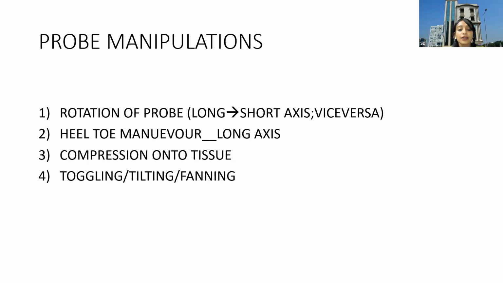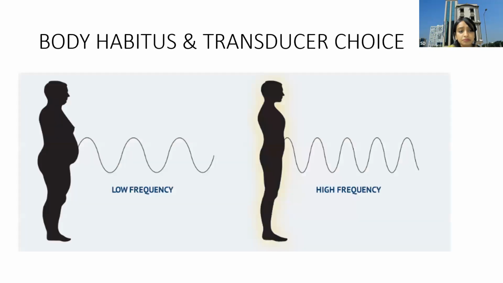Then when we are pressing the probe onto the tissue, that is known as compression. And toggling is basically changing the angle of the probe on the body of the patient, and that's how we get a clear image of the structure that we want to see.